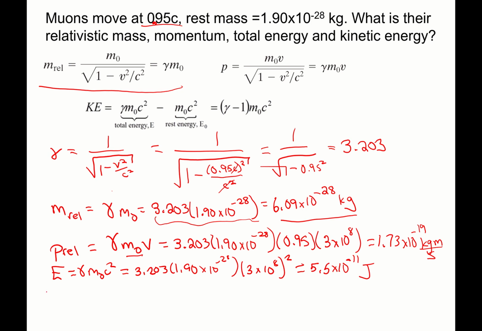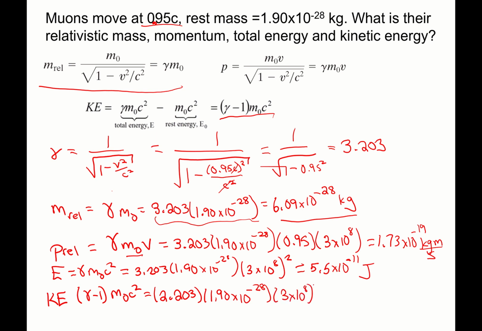Okay, and finally, what's the kinetic energy? The kinetic energy is gamma minus 1 times m0 c squared. So gamma is 3.203, so gamma minus 1 is going to be 2.203 if I subtract 1 from it, times 1.90 times 10 to the minus 28 times 3 times 10 to the 8 squared.